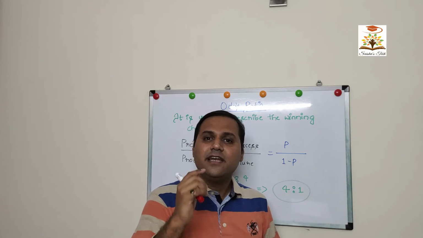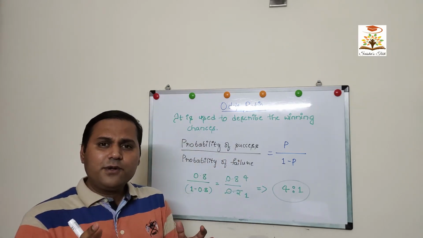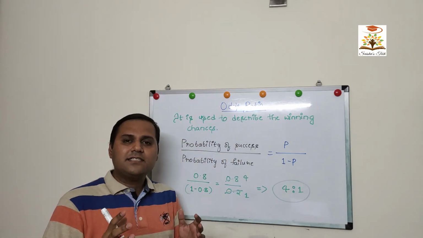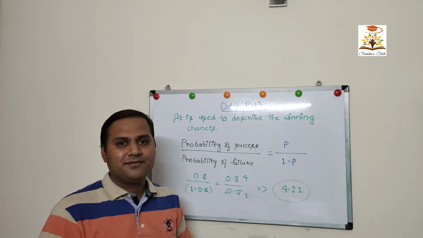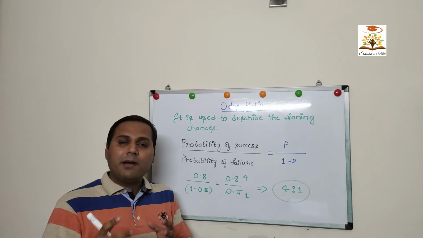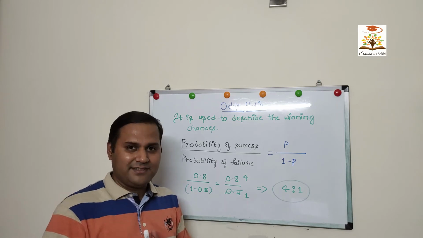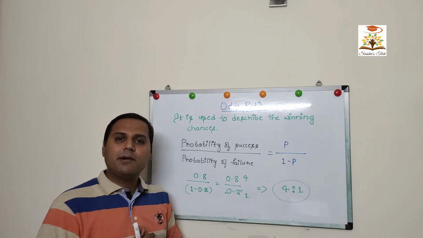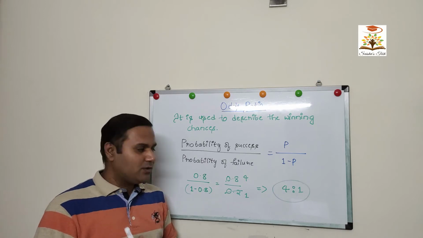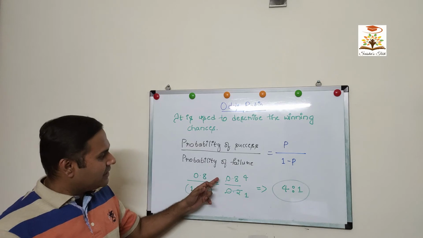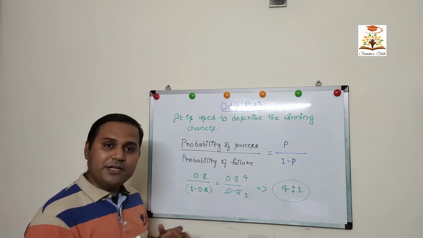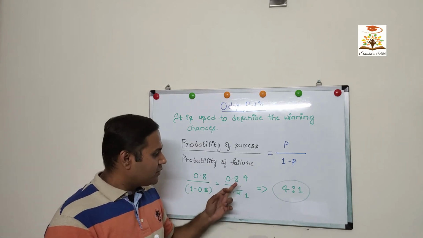Let us understand with an example. If you have a team which has the winning probability as 0.8, that is, the probability of success is 0.8. What would be the probability of failure? Which is equal to 1 minus 0.8. Then the ratio would be 0.8 divided by 0.2. 4:1.